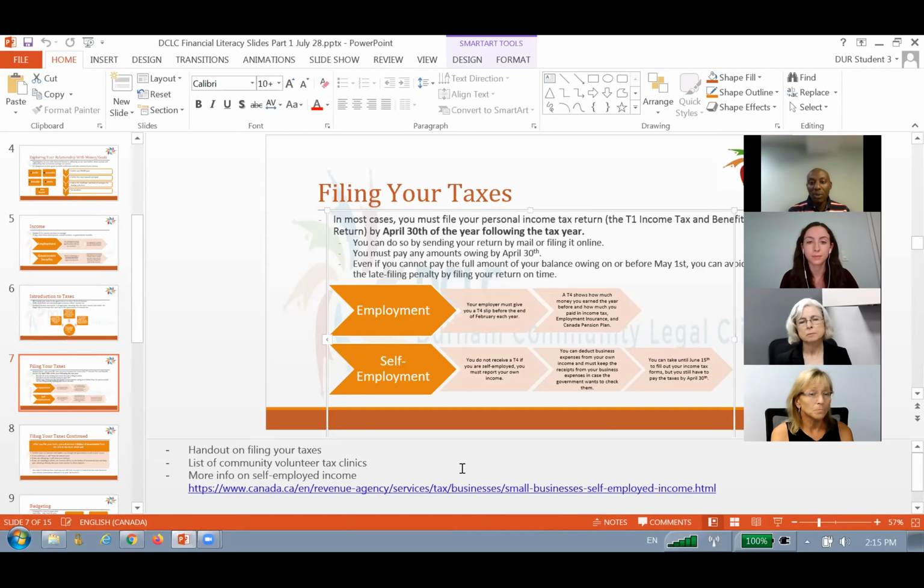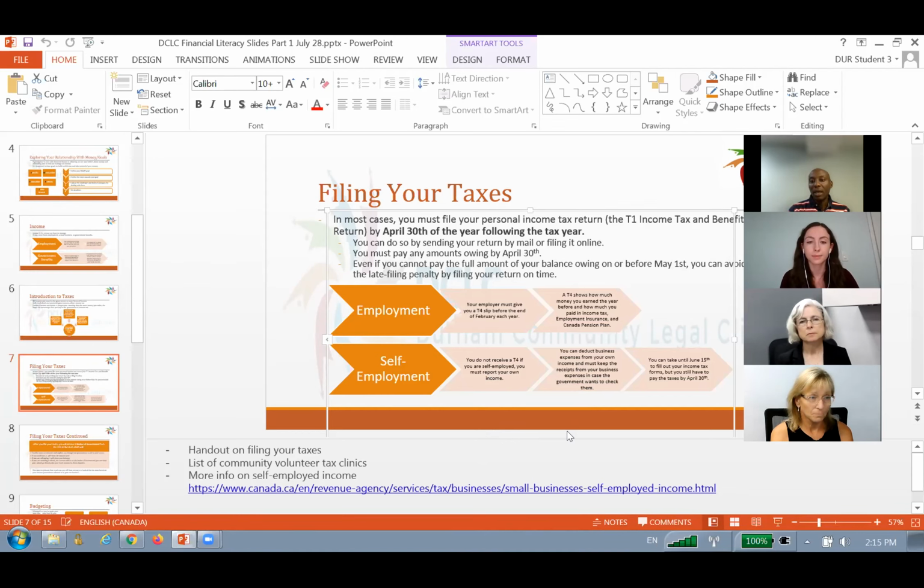If you're self-employed, you may not have a T4, but you can deduct your business expenses from your own income. For you to do that, you need to keep proper records of your business, keep a good track of all your expenses and all your income, all your revenues, so that you can properly file your taxes.